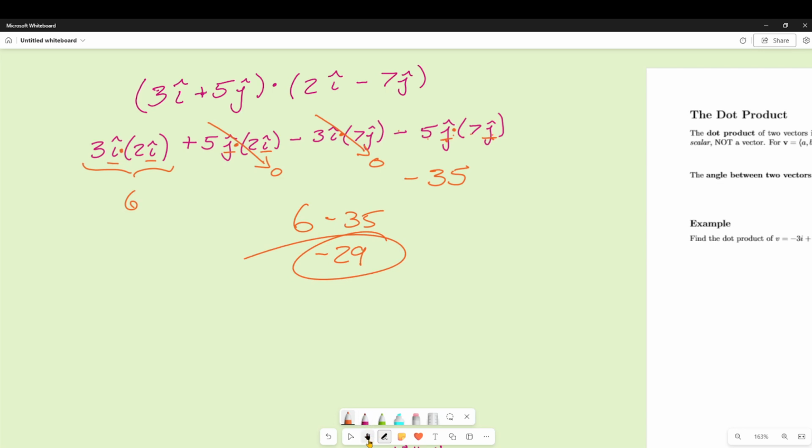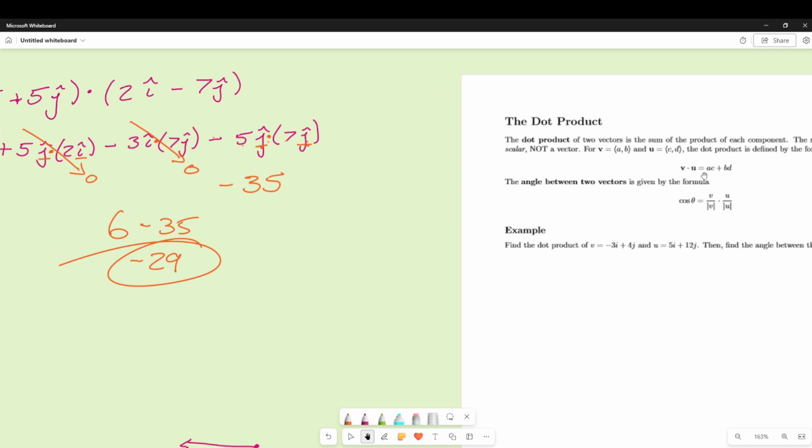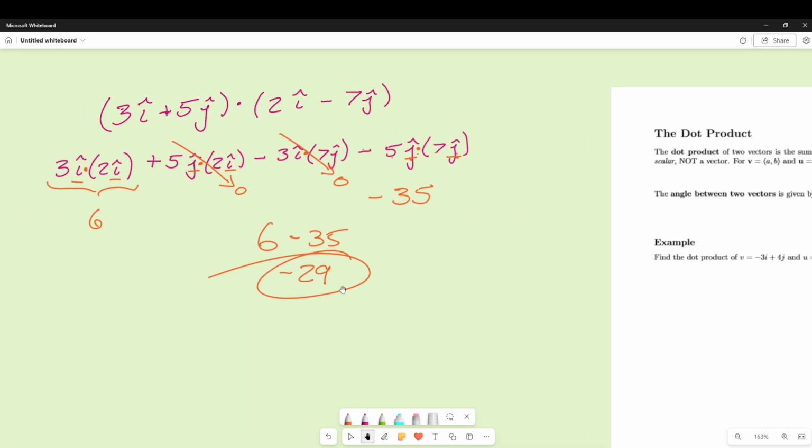So when you look at our rule for how we find a dot product, it says we just multiply the like components, multiply the first components together, and then multiply the second components together. Well, we know in multiplying we should have 4 terms, but the i, j and j, i terms are always going to be 0 because of the orthogonality. So we never have to do that.